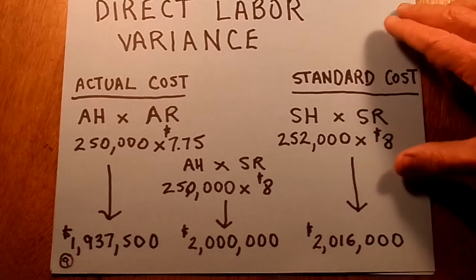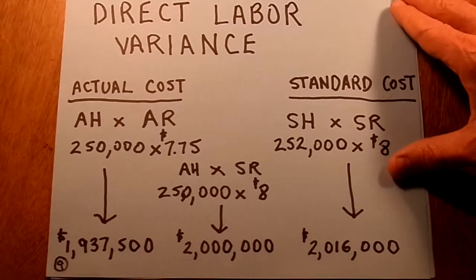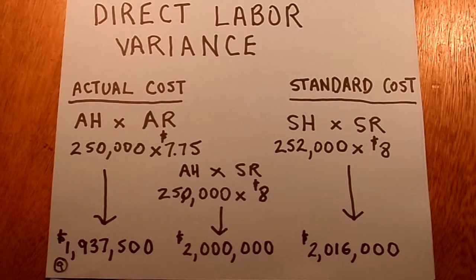Well, the next thing we need to do is come up with a direct labor variance. So the direct labor variance is going to measure actual rate and standard rate, and then it's going to measure actual hours and standard hours.